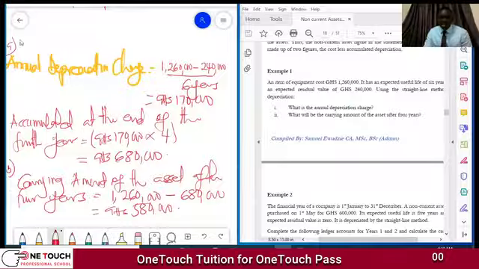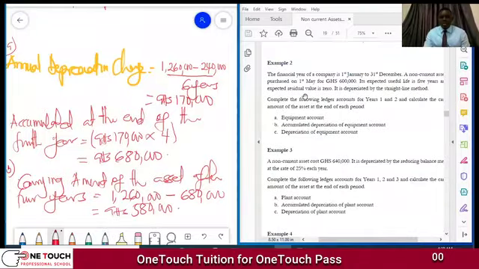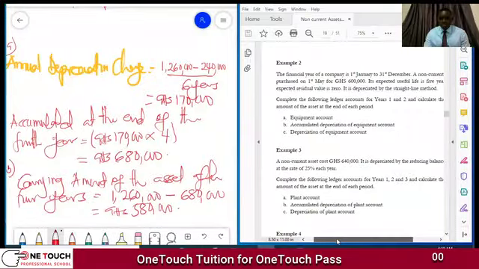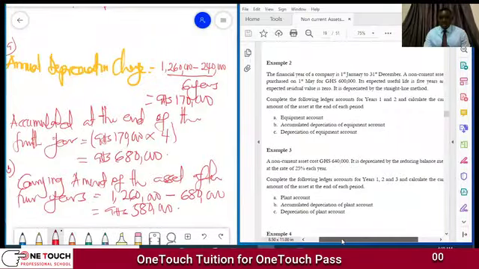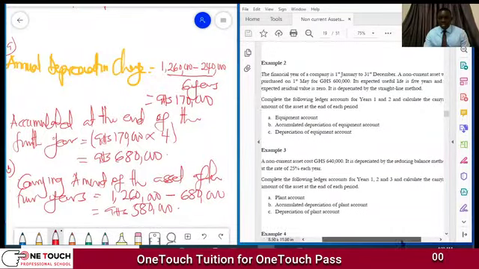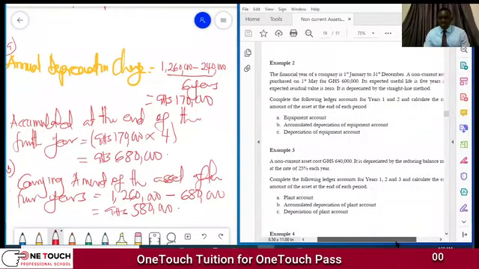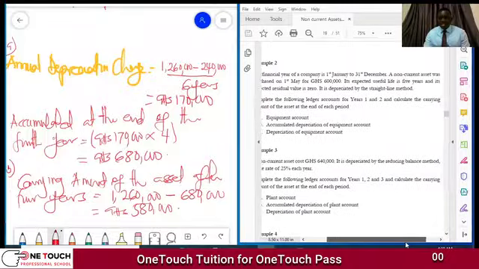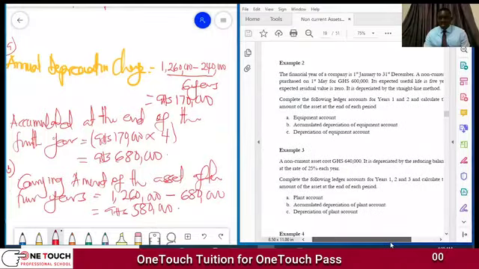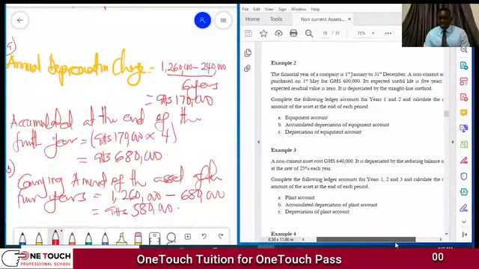Good. Now let's look at the next example. The financial year of a company is 1st January to 31st December. A non-current asset was purchased on 1st May for 600,000. Its expected useful life is 5 years, and its expected residual value is 0.